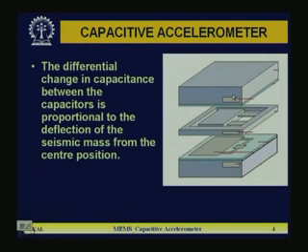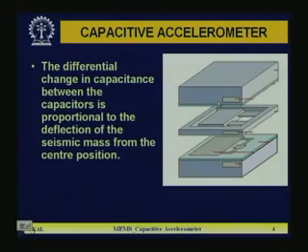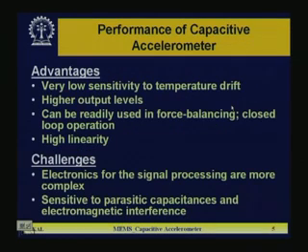So, in one case capacitance will increase, in the other case it will decrease. This differential change we are interested in, so that we can eliminate some of the parasitic effects. The differential change is proportional to the G value of the object on which this accelerometer is fixed. That is the basic idea and principle.